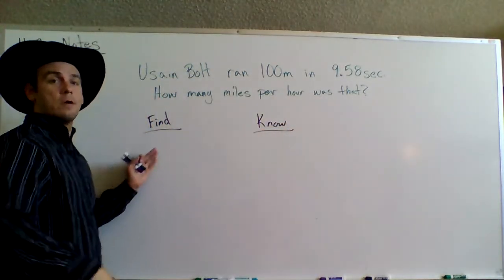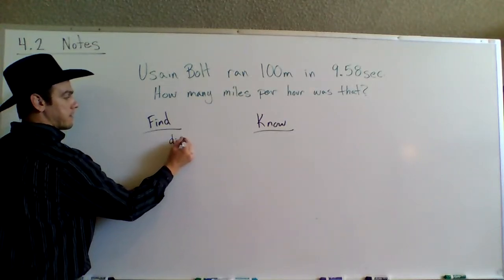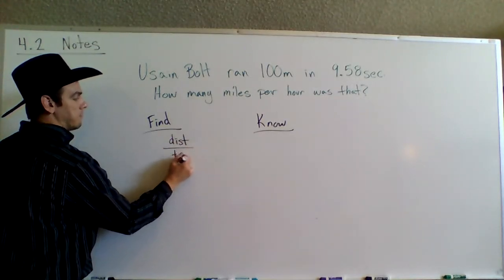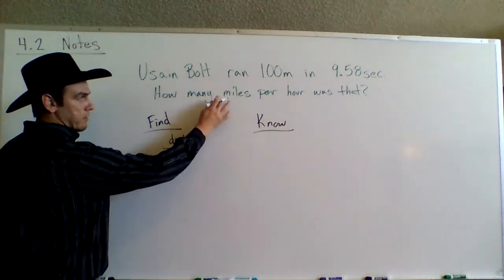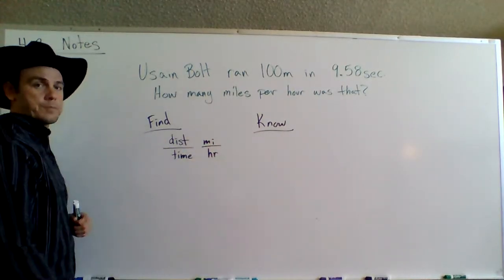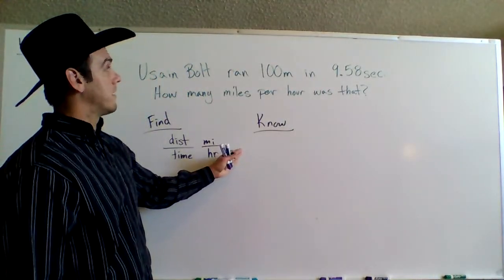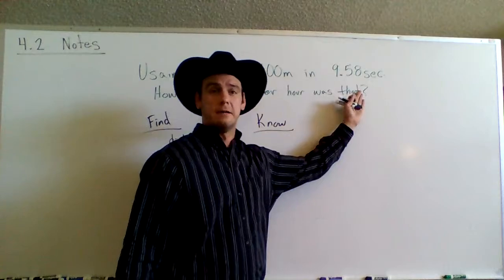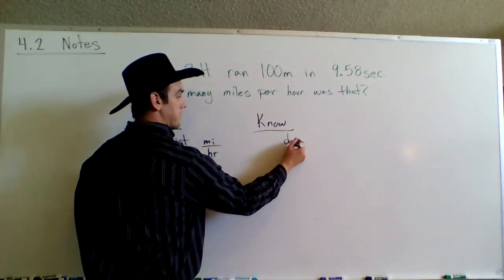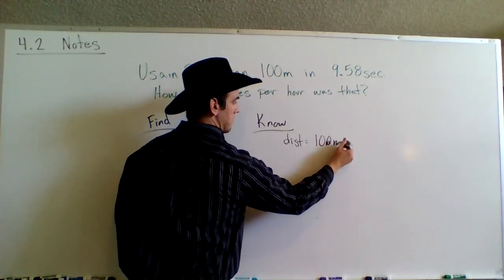All right, so what are we trying to find? We're trying to find a distance over time, and we want it to be miles per hour. Okay. What do we know? Well, we know a distance and we know a time. We know our distance was 100 meters.